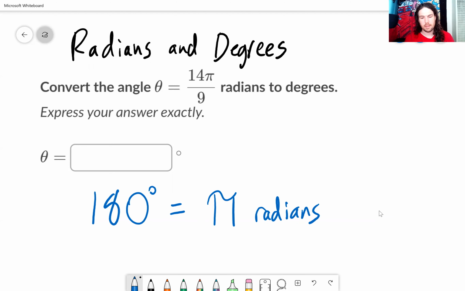Yeah, it's kind of weird that we are defining a unit with an irrational number, but there's nothing wrong with it. We're allowed. 180 degrees, halfway around a circle, is pi radians. That's our conversion, right? Whereas the conversion between inches and feet is 12, the conversion between degrees and radians involves 180 degrees and pi.